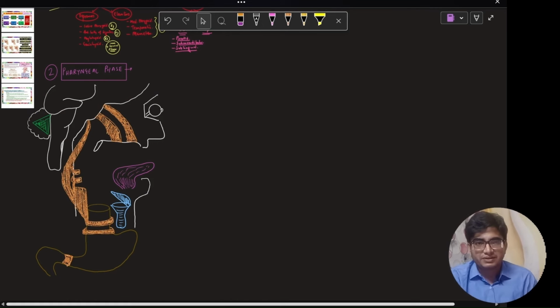To start with the pharyngeal phase, firstly we have to understand this diagram.